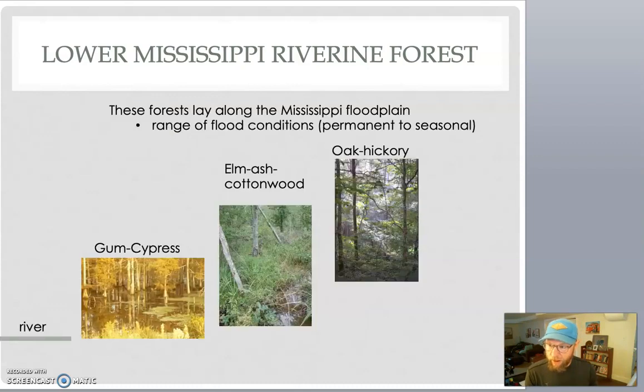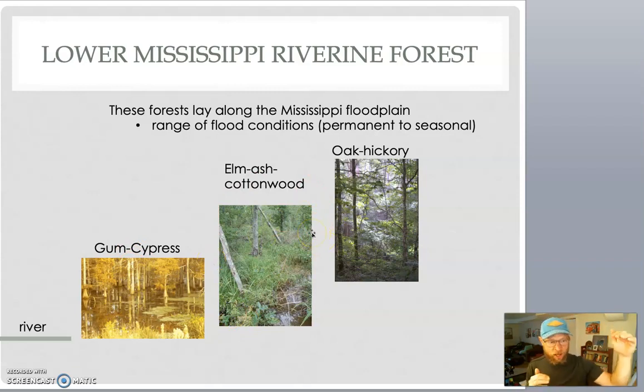Thinking about the vegetation, what we generally have is the oak gum cypress in that river floodplain. Then as you move up those terraces, you move to vegetation types that are less flood tolerant. Your elm, ash, cottonwood is not as flood tolerant as the oak gum cypress, so that's a little bit further up.